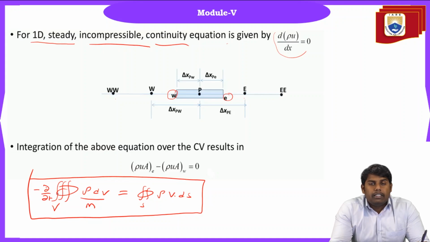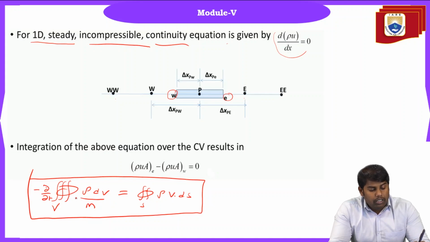So conservation of mass, or continuity, deals with the rate of change of mass inside the control volume being equal to the flux which is crossing through the control surface. Here we are seeing it in integral form, not differential form. As I told you, the finite volume methodology follows the integral form of equations, whereas the finite difference method follows the differential form.